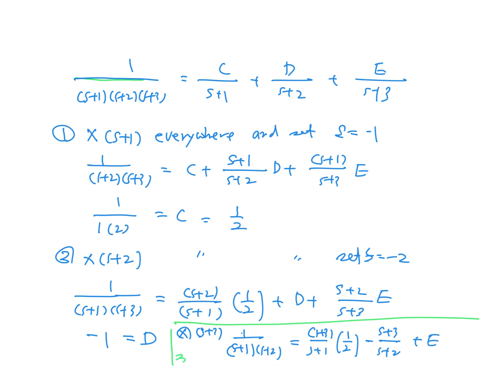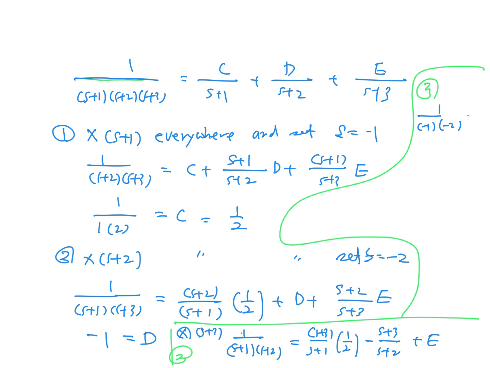We need more space here. So if you substitute minus 3, what happens? Minus 3 is minus 3, minus 1, minus 2, right? Equal to E. So C is 1 half, D is minus 1, E is 1 half. A was 1, B was minus 1. So we determined all the unknown coefficients this way.